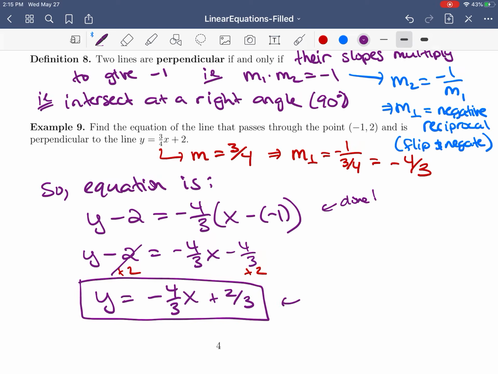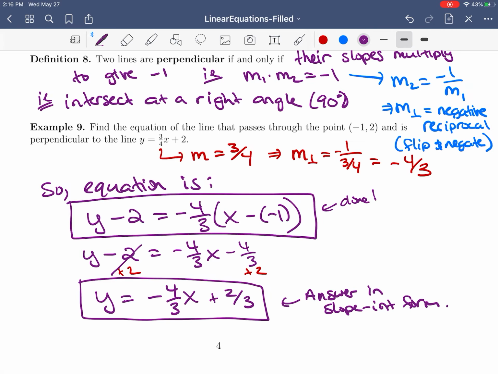So this is the answer in slope-intercept form. But in fact, all of these are fine, so this is the answer in point-slope form. So that is a brief introduction into lines and the coordinate.